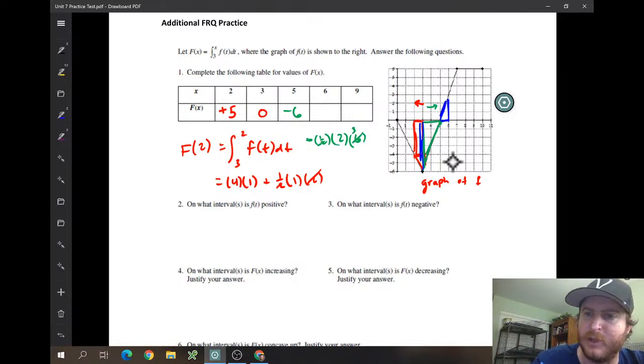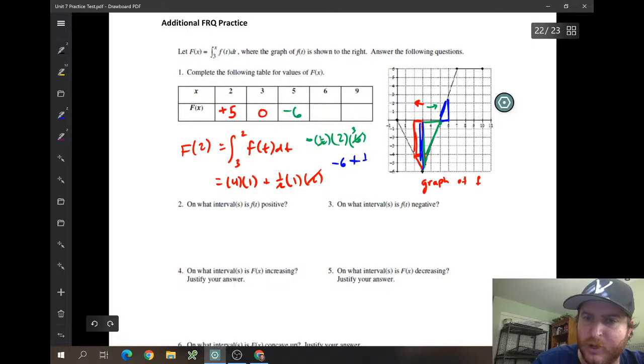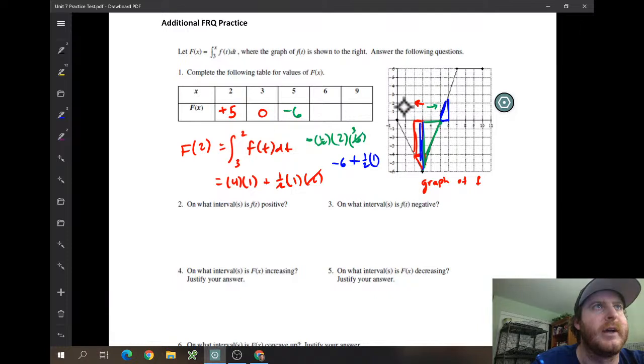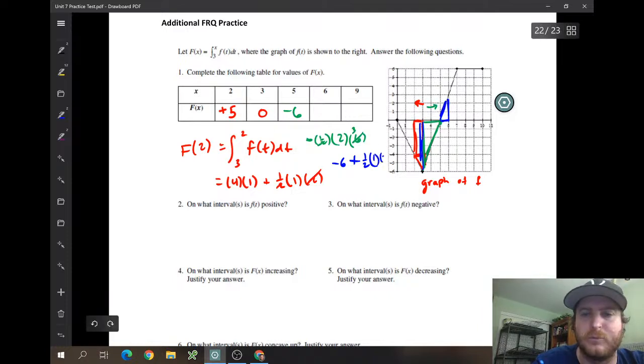So that's going to be negative 6 plus this new triangle, which is 1/2 times 1 times a height of 2. So negative 6 plus 1 is negative 5.